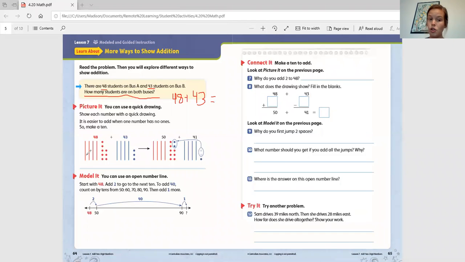See, that looks like our drawings that we do with our long tens and our ones, and it looks just like our green place value cubes as well. So it drew the 48 and the 43 and then put them all together. Now, the way that this has it putting it together is at 48 plus 43, and it's trying to find what makes the friendly number.